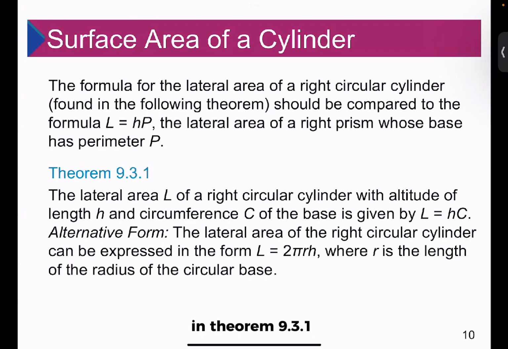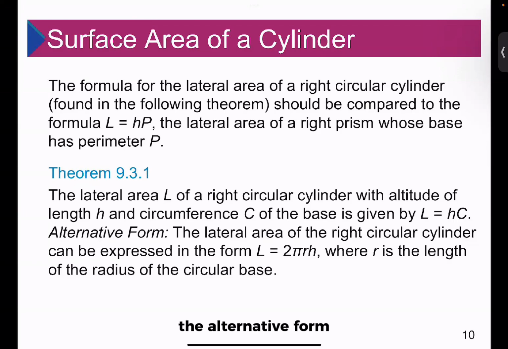In Theorem 9.3.1, the lateral area L of a right circular cylinder with altitude of length h and circumference c of the base is given by L equal to h times c.